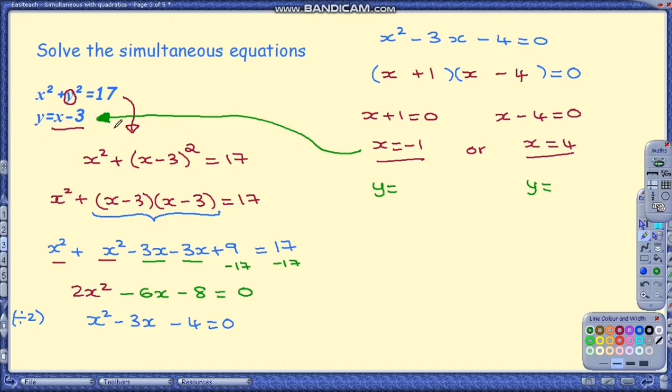Y is x minus 3. X is minus 1, so minus 1 minus 3 is minus 4. And when x is 4, 4 take away 3 is 1, so y is 1. That's one set of solutions, and that's another set of solutions. And these are my answers.